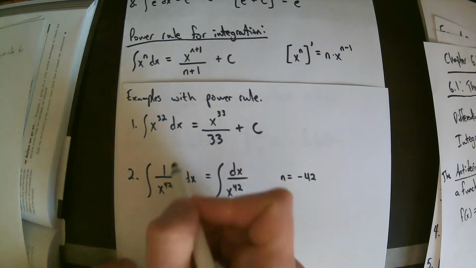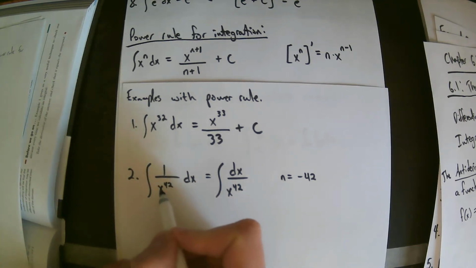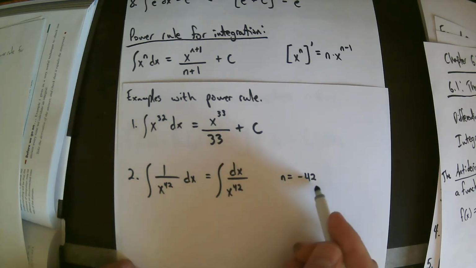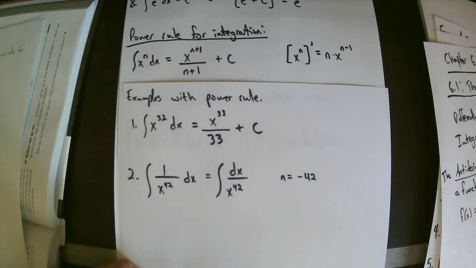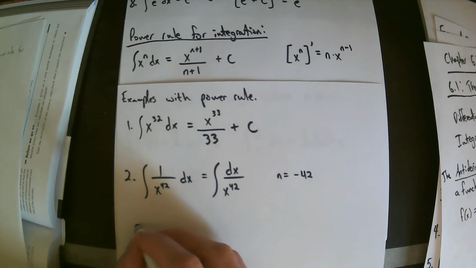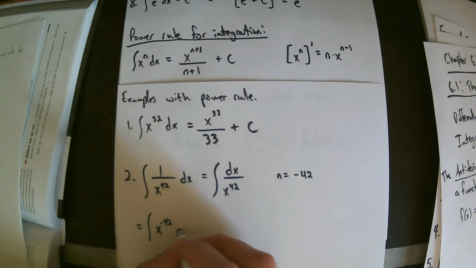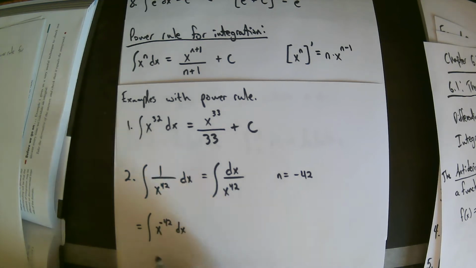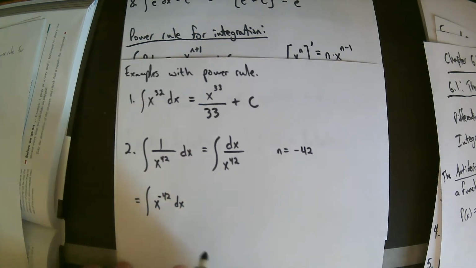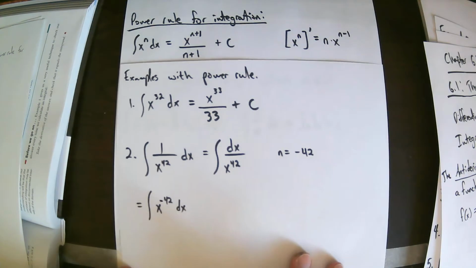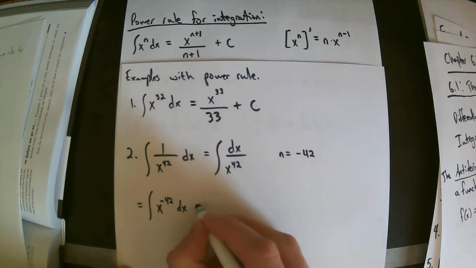Gotta be careful there. If the x is in the denominator, then it's a rational function, and that 42 is negative if I write it as an exponent. So alternatively, another way of writing this integral is x to the negative 42 dx. And maybe it's more helpful to write it this way.